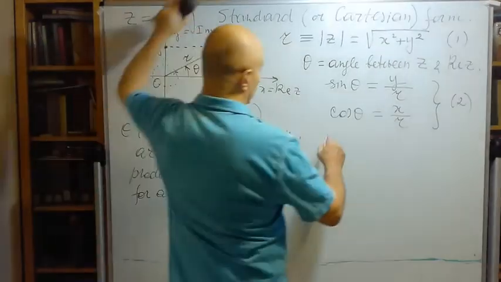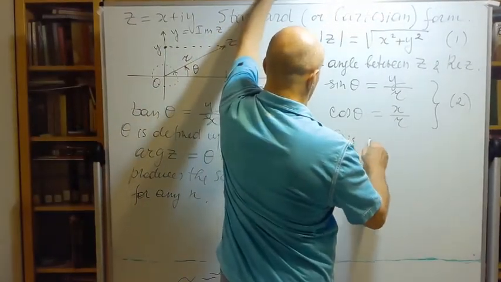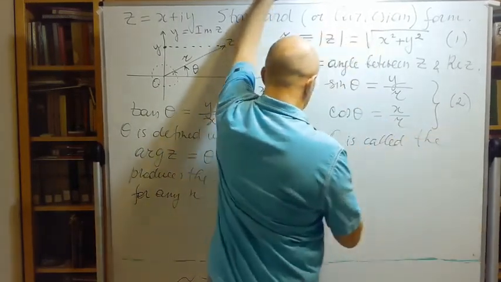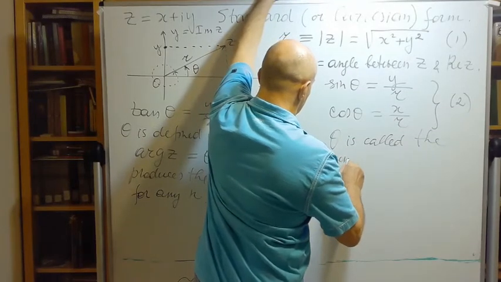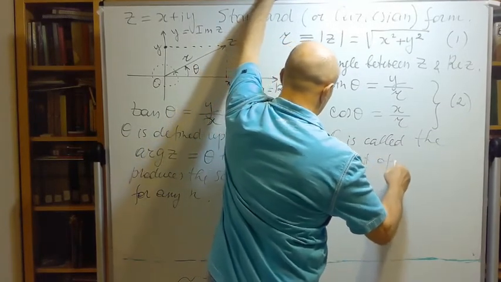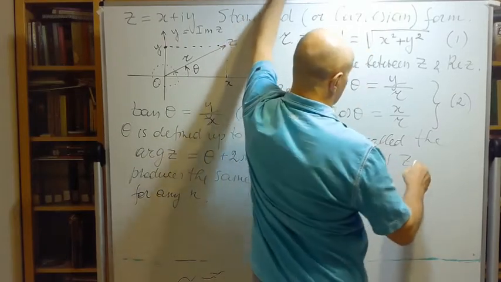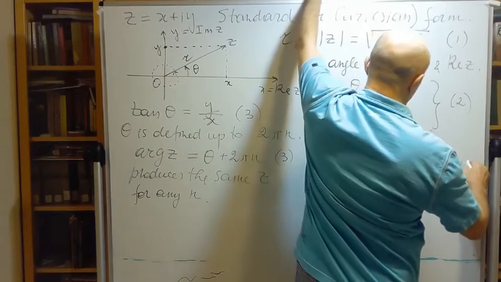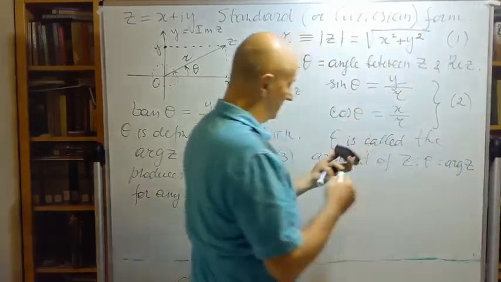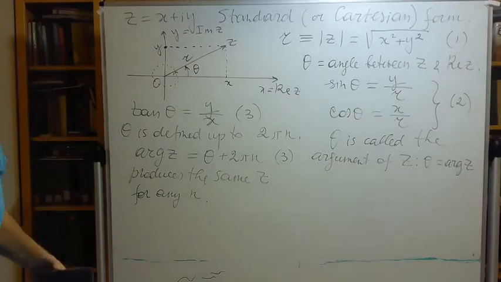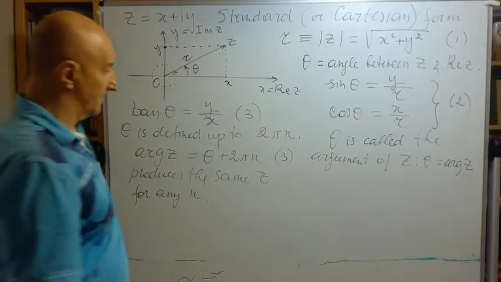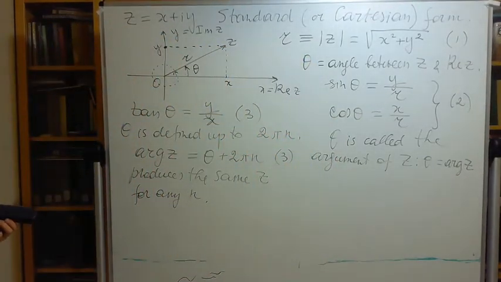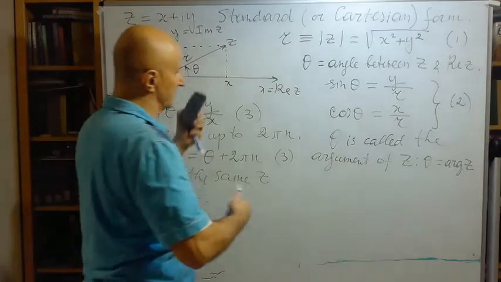So theta is general. Theta is called the argument of z, and denoted theta equals arg z, and one of these values we will single out for our convenience, will be more important than others.